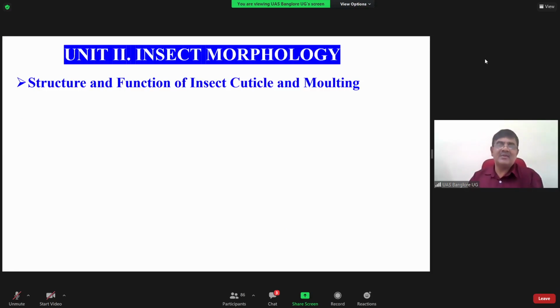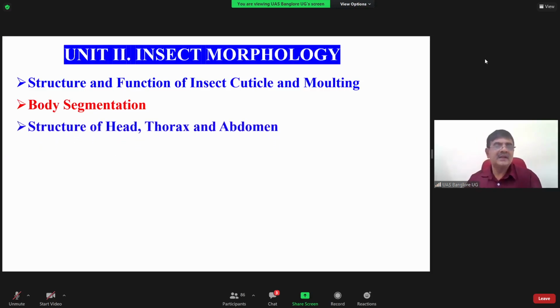So here we'll be studying how exactly molting takes place in insects. And since the insect body is divided into different segments, we'll be studying the different segments of the insect body. And next we'll be studying the structure of head, thorax and abdomen.